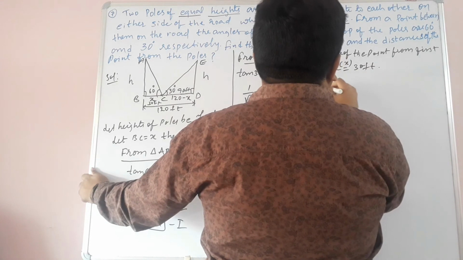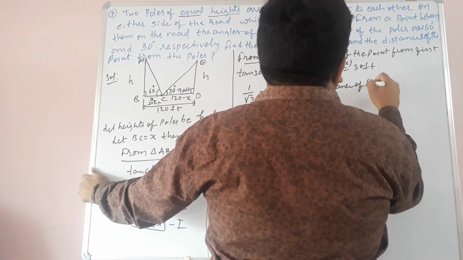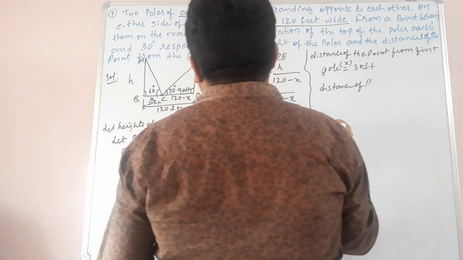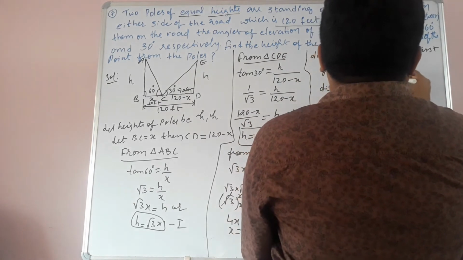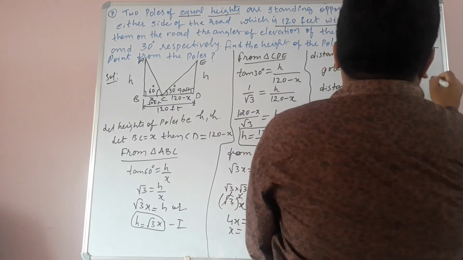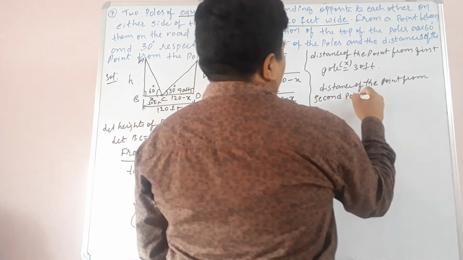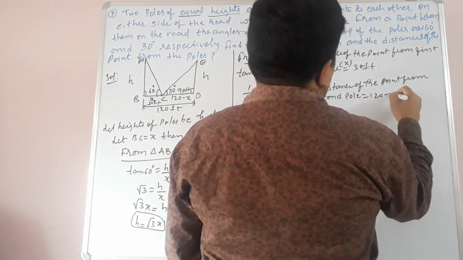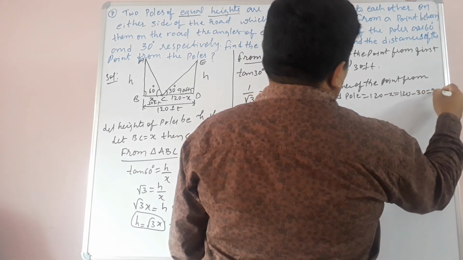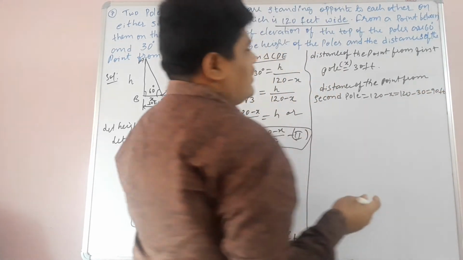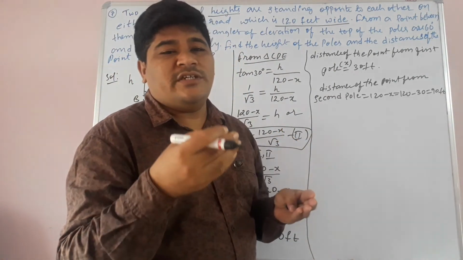Distance of the point from the second pole is nothing but 120 minus x, which gives you 120 minus 30, that is equal to 90 feet, because the width of the road is given in feet, so we need to take the values in feet.